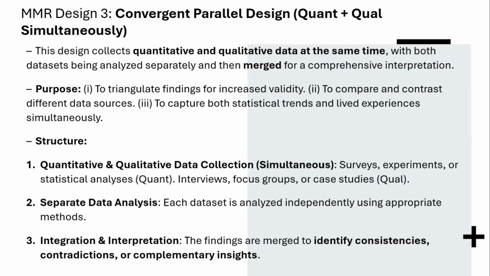Sometimes you can do this to triangulate findings, or to compare and contrast, or to answer different research questions fundamentally. But mostly in convergent, because you are collecting different data, you may have a particular research question that the quant is answering and a particular research question that the qual is answering, and one doesn't depend on the findings of the other.